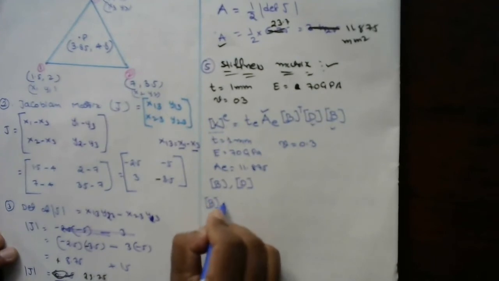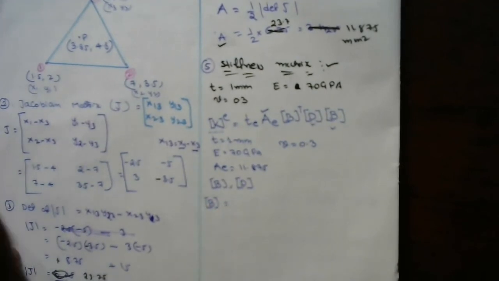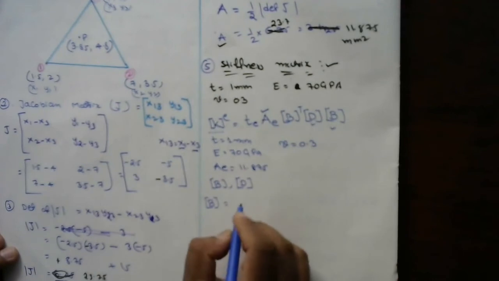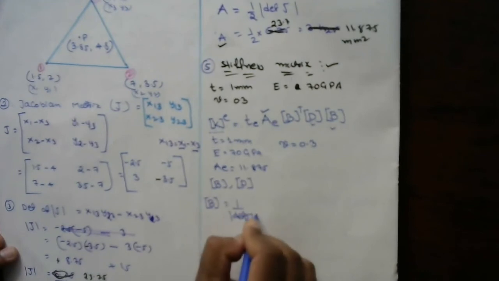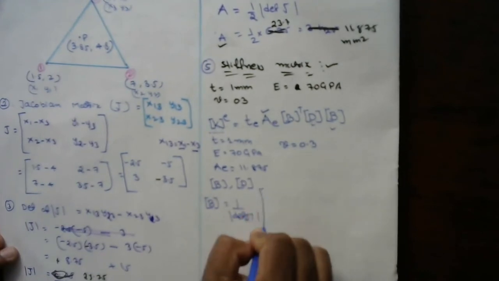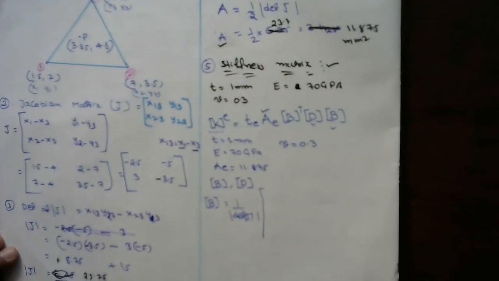So the B matrix can be written as, I know the formula. In the last class, I have expressed this B matrix as 1 by determinant of J, multiplied with a 3 rows and 6 columns matrix.